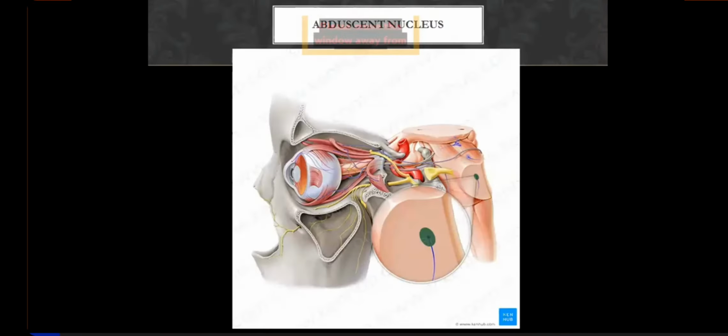Okay. Then here you're seeing is the brain stem. This is the pons. You have the midbrain here. Sorry, the midbrain has been cut out. Then this one is pons, and you have medulla. So in the cut section of pons, here you're seeing the largest cranial nerve emerging from the upper portion of the pons ventrally.